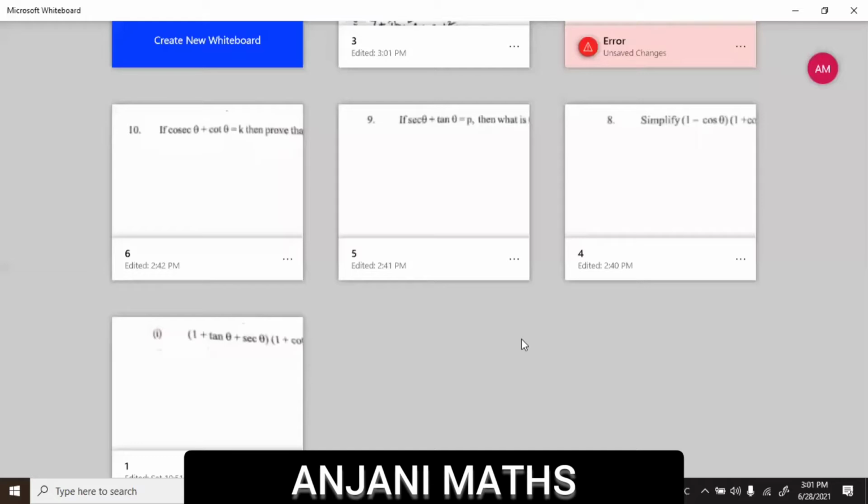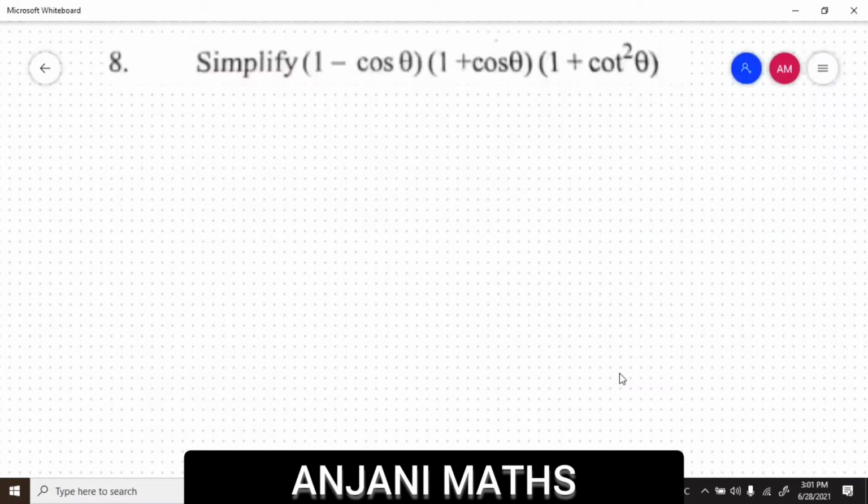Let us move to the next one. (1 minus cos theta) into (1 plus cos theta) into (1 plus cot square theta). So consider left hand side.